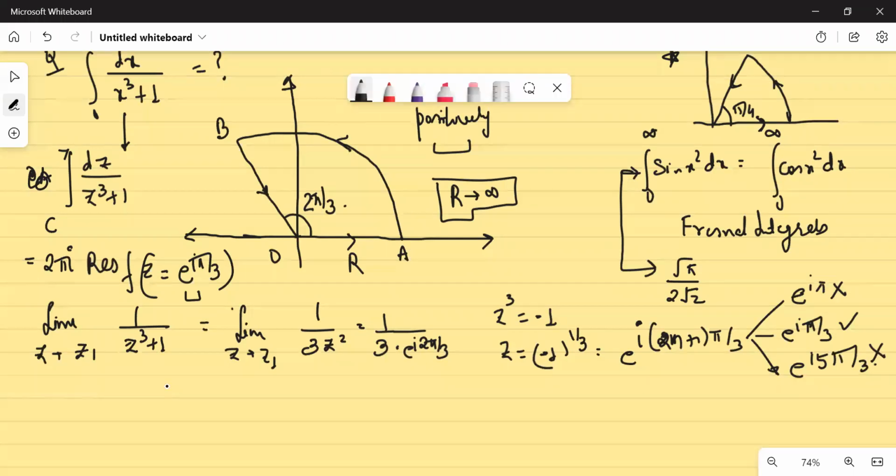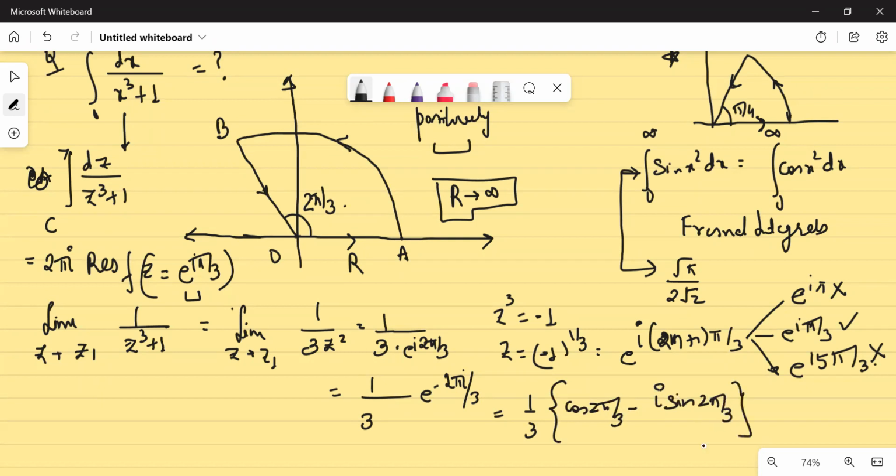So here you have the value 1 upon 3 e to the power iota 2 pi by 3. So e to the power iota 2 pi by 3, I will write as e to the power minus iota 2 pi by 3. It's easy to see that this equals cos 2 pi by 3 minus iota sine 2 pi by 3.